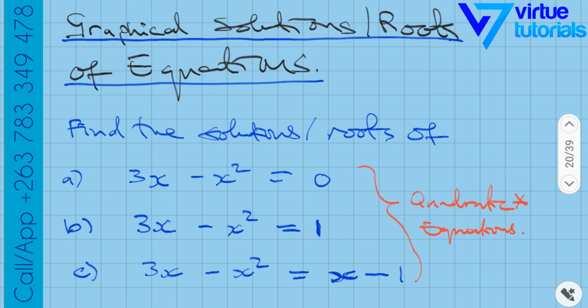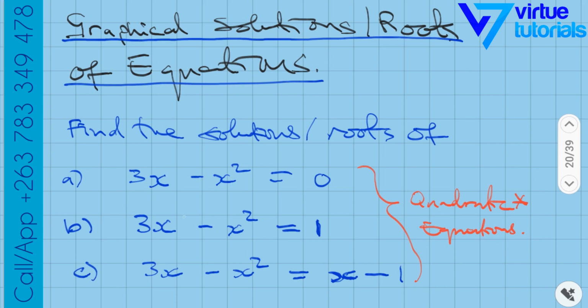So we have x squared, x squared, x squared. So these are quadratic equations. There are different methods of solving quadratic equations, but we want to look at the graphical method. How can we use a graph to solve the following equations here?